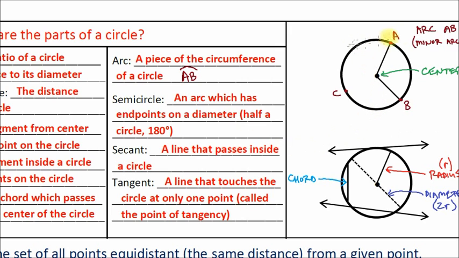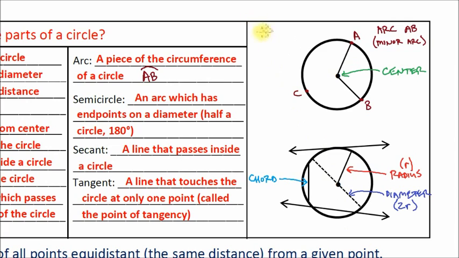We could also have what's called a major arc. So in this case, if I said to you that I want you to be looking at arc ACB, now because it has three letters, we know it's going to be longer than half of the circle circumference, and that goes this way.